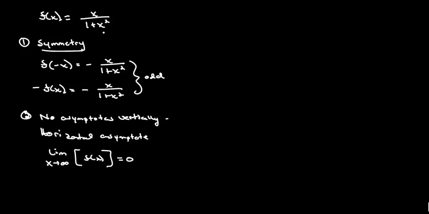Another way of looking at it would be to rewrite the function as 1 over 1 over x plus x. And again, as x goes to infinity this becomes 1 over 0 plus an extremely large number. So it's going to go towards 0.